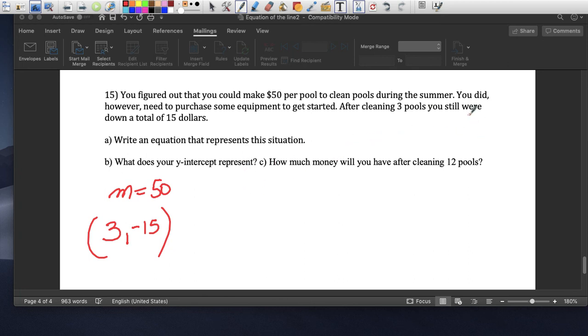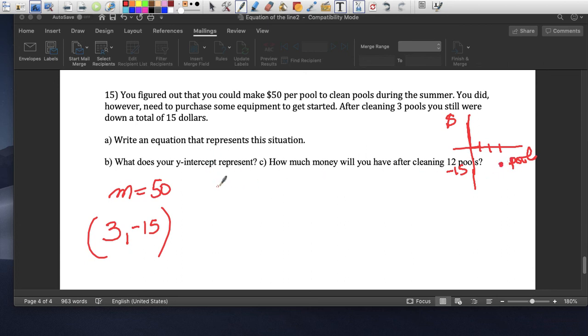If you had a graph right now, these are the pools that you're cleaning, and this is the money that you're earning. 1, 2, 3. At 3 pools, you would be over here at negative 15. You would still be in the negative territory because you haven't covered what you lost.